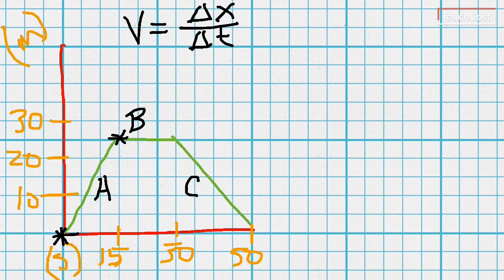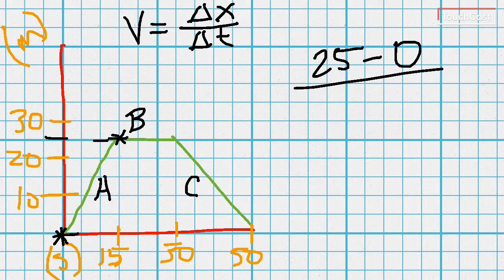Your final distance, if you draw a line over, was 25, because it's between 20 and 30, and your initial was 0. Over change in time: your time now is 15 seconds, and your initial time was 0, because that's where we started.